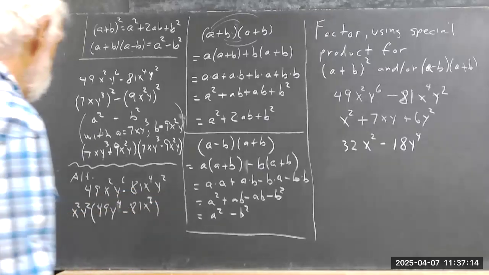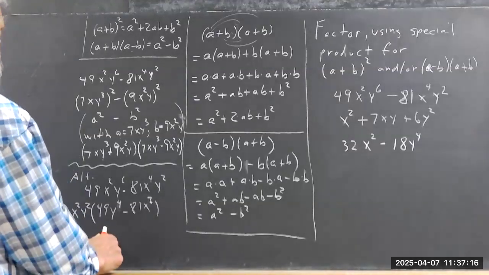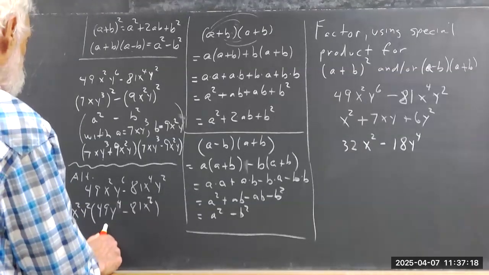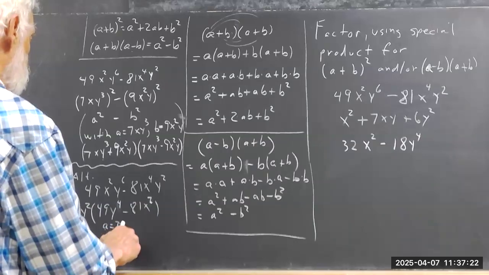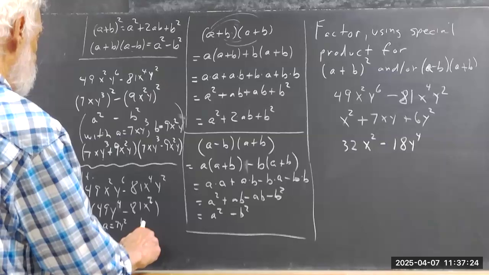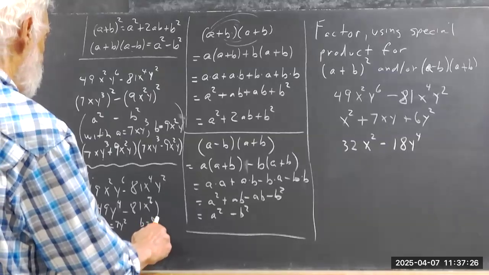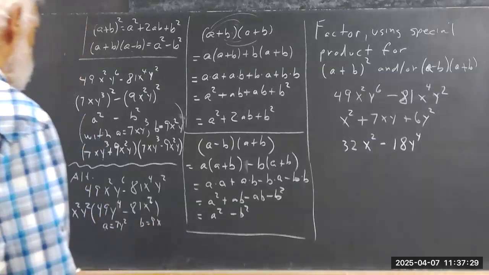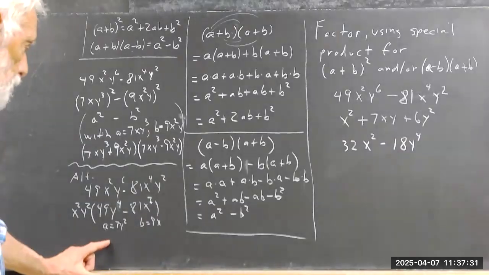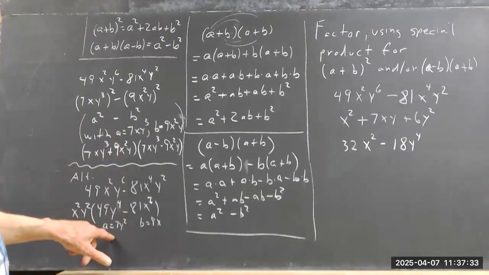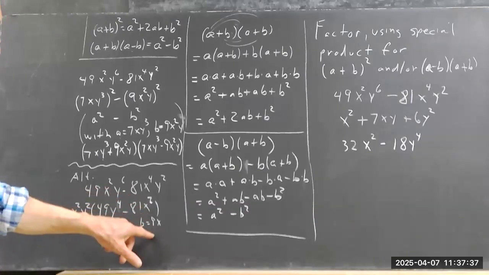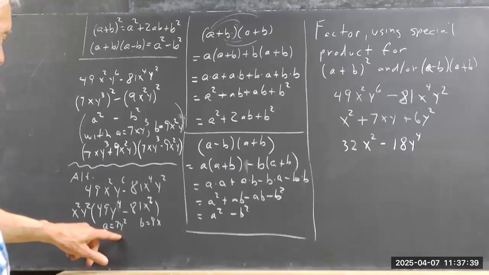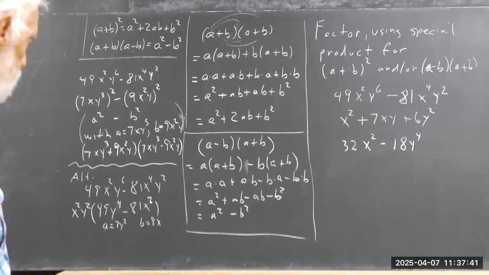Now, having done that, make a briefer annotation, although I recommend that you write it out in a little more detail. But here, your a is 7y squared, and your b is 9x. If you square this, you get this. If you square this, you get this.